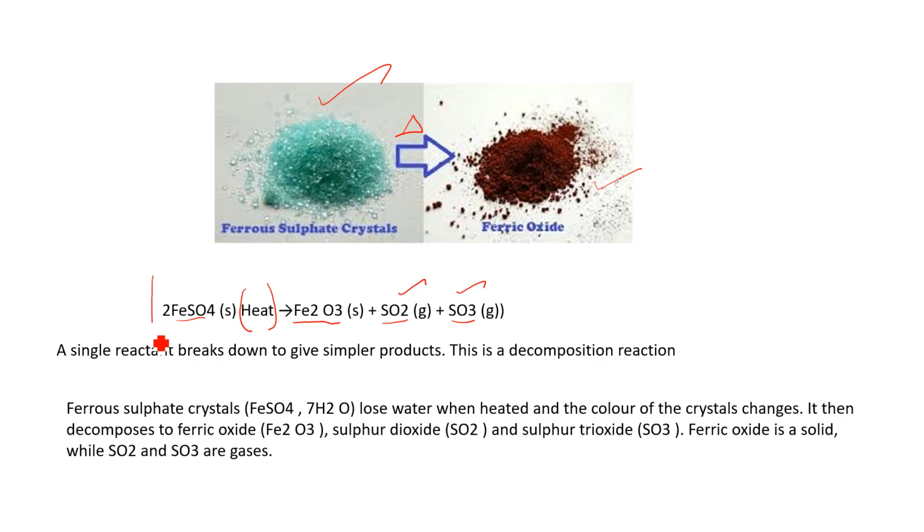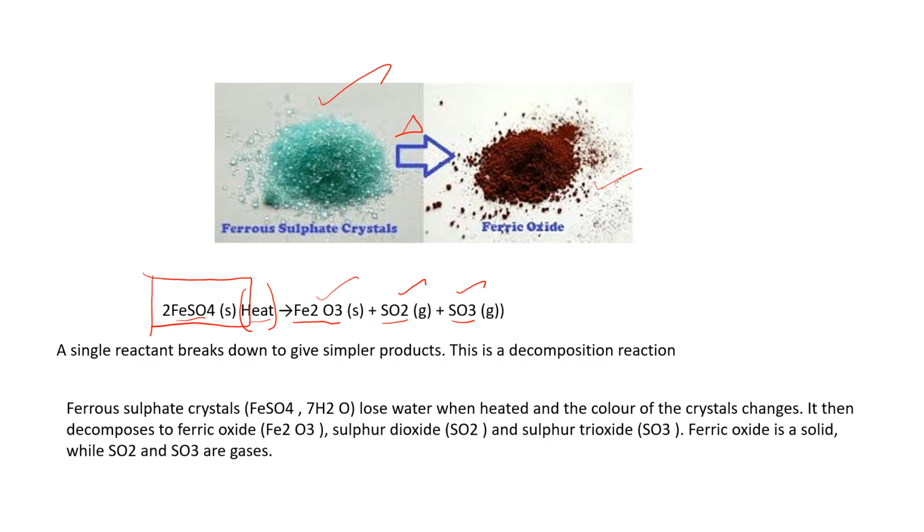So here we have just one reactant, one compound. When you're heating it, it decomposes to three simpler substances. Now, this is again a decomposition reaction. This decomposition occurs when you're heating ferrous sulfate.